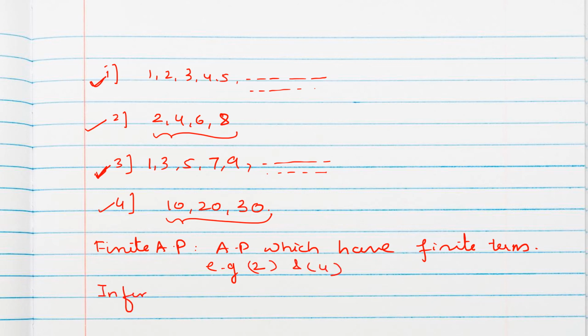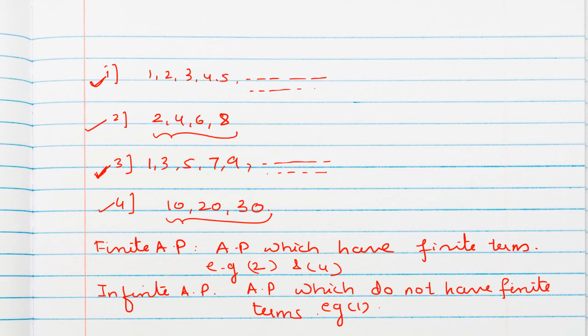Then infinite AP, which does not have finite terms, means we cannot count the terms. Okay, so we can say example 1 and example 3 are the infinite AP. The dots represent that terms are there, and we cannot find the last term. So finite AP and infinite AP.